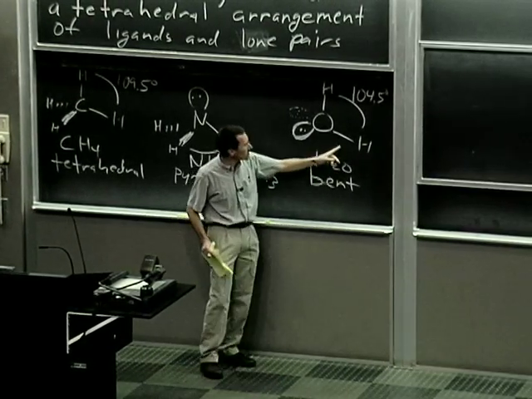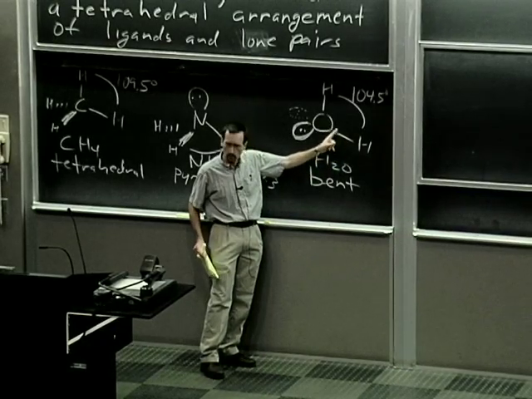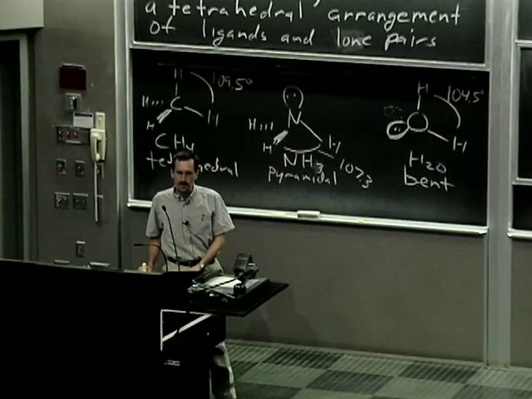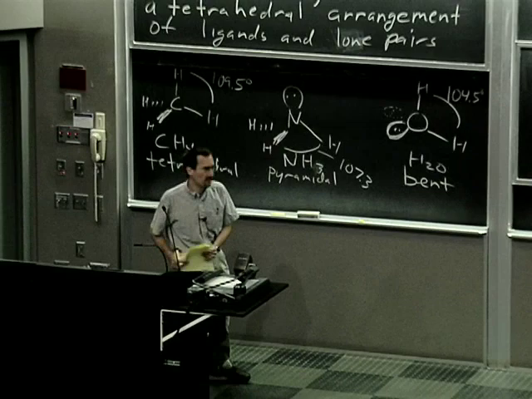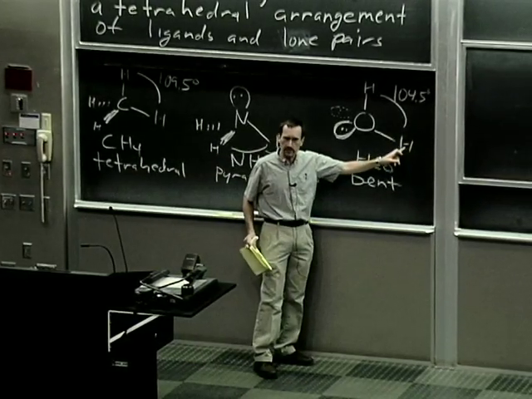And of course, what you'll see is as we move on from molecules like water, which are in the realm of inorganic chemistry, to molecules like methanol or dimethyl ether, which are in the realm of organic chemistry, the geometries stay the same.